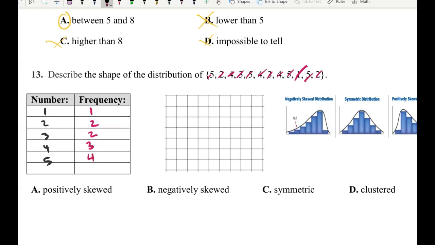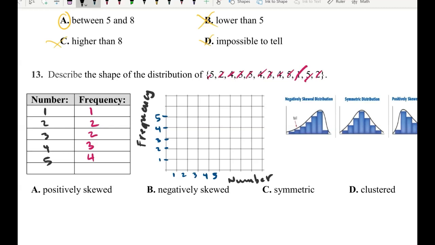Alright, so what we're going to do is graph this. So this is going to be my 1, 2, 3, 4, and 5, and the frequency is 1, 2, 3, 4, and 5. This is my number, and this is my frequency.